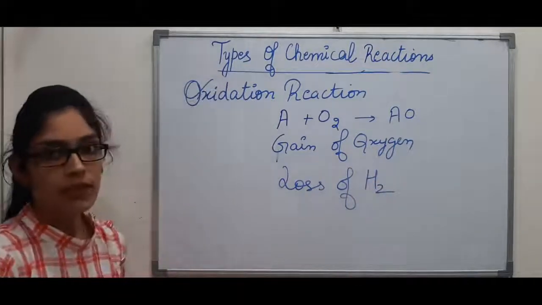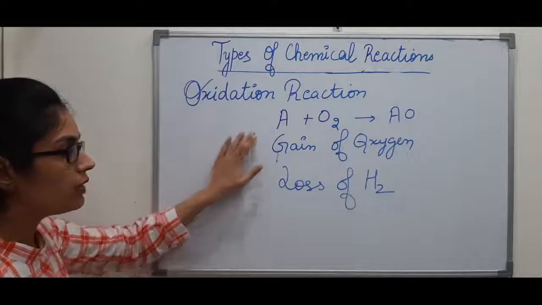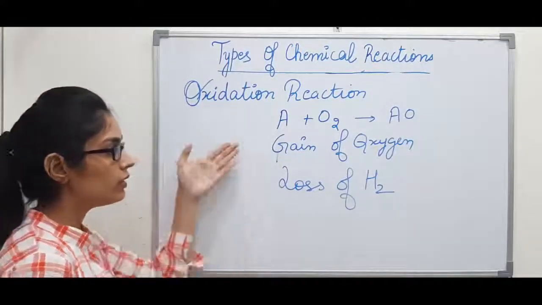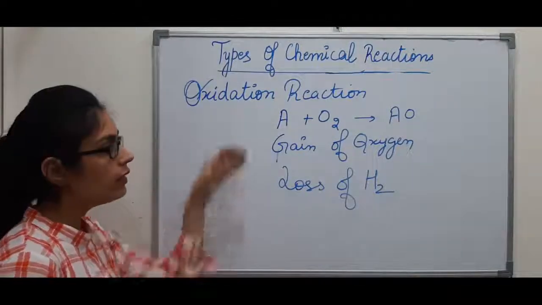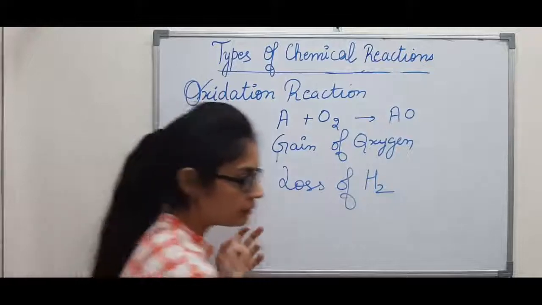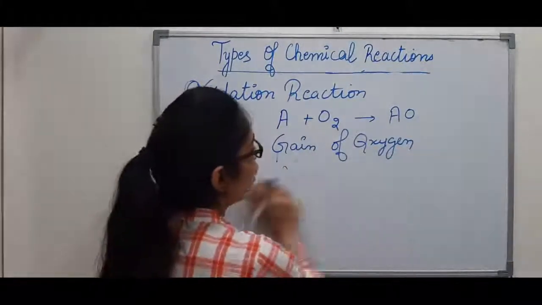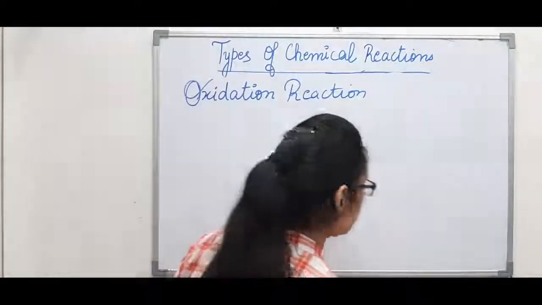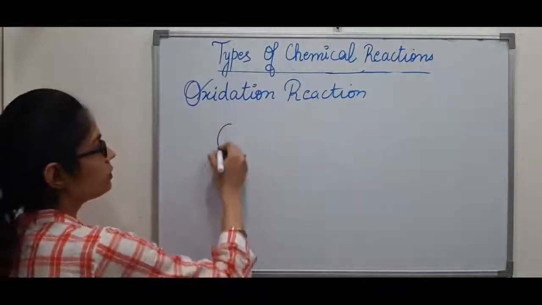So for oxidation reactions, either one of the conditions should be there: gain of oxygen, or the removal of hydrogen. So let's see the examples of oxidation reaction. Oxidation reaction means addition of oxygen.